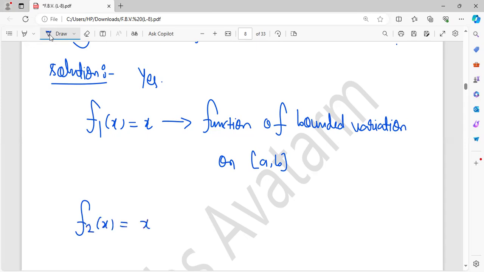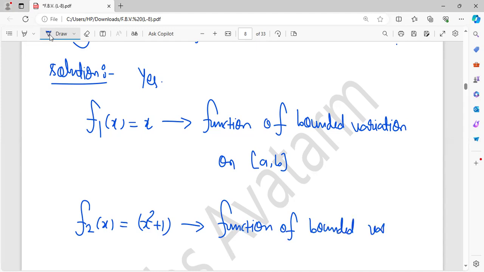Now take this x square. This is also a polynomial. So this is also a function of bounded variation on [a, b]. Okay.